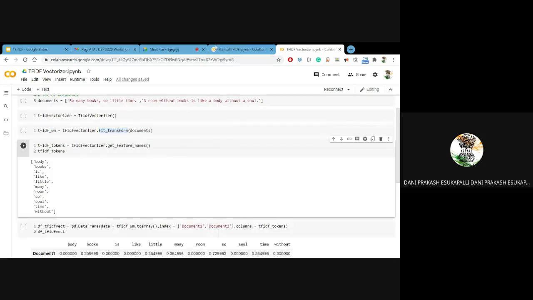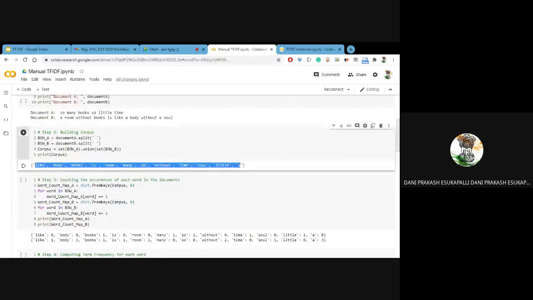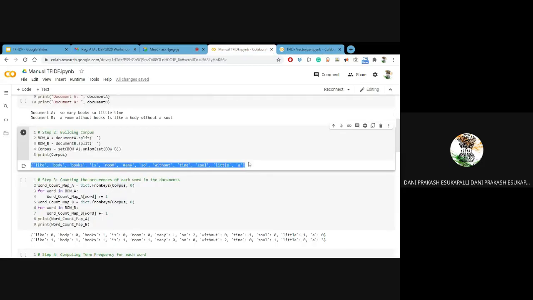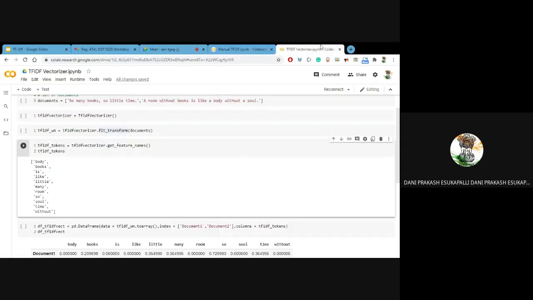Here we took these unique words manually, which may or may not be correct. But here it will automatically take these as unique words, with some good optimization techniques.